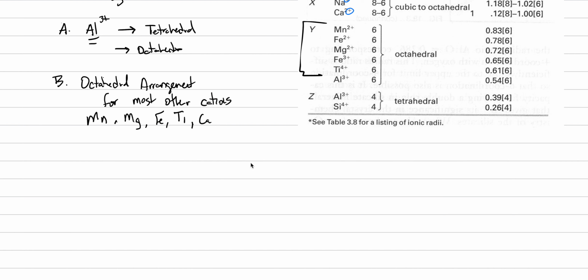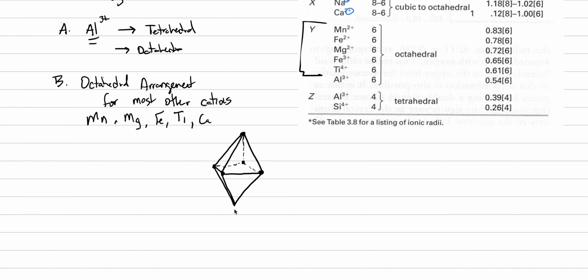And that means if we were to draw it, and we've drawn octahedrons a number of times this semester, we're going to have this appearance. I'm going to try to draw it in 3D. There's our octahedron, and at each of the corners, there's 6 corners.